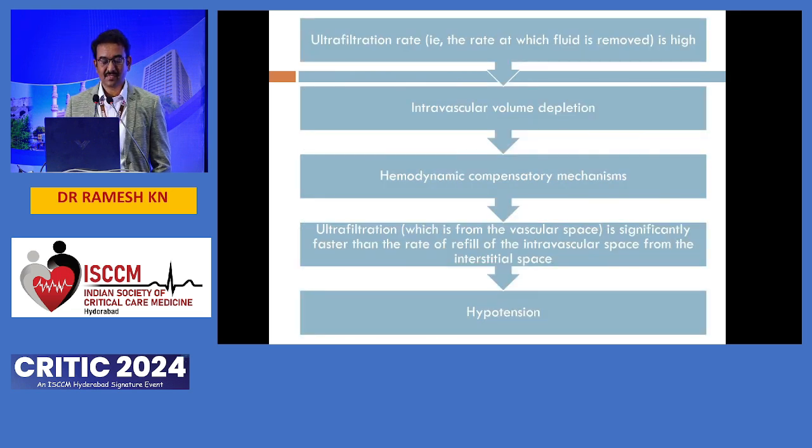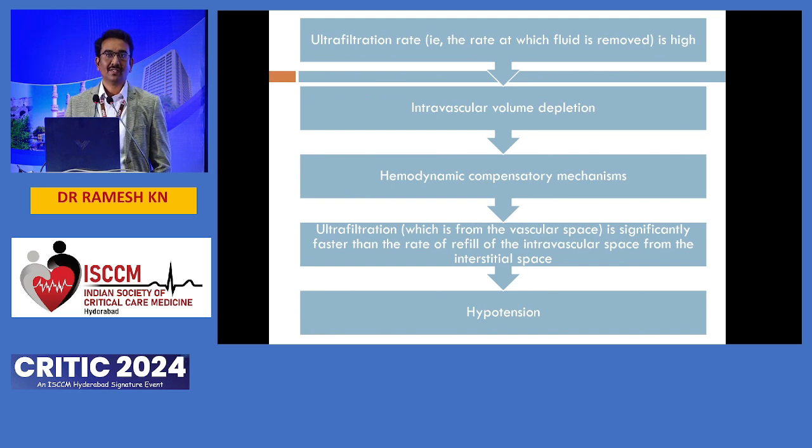First is the ultrafiltration rate. As we all know, when we increase the ultrafiltration rate, intravascular volume depletion will occur. When there is intravascular depletion, various mechanisms act to regain the blood pressure back to the normal state.